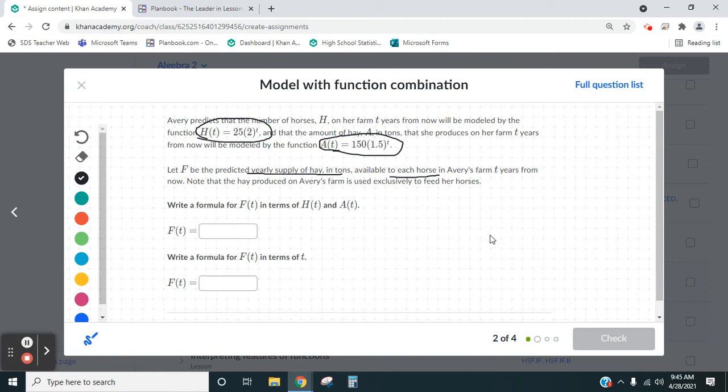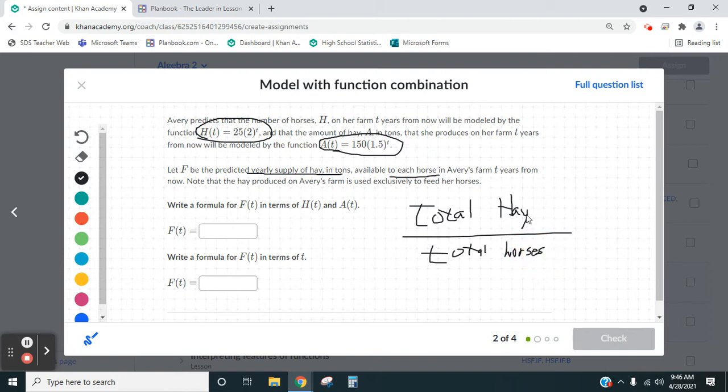Dividing. Very good. Right? We would take the total amount of hay and divide by the total amount of horses.